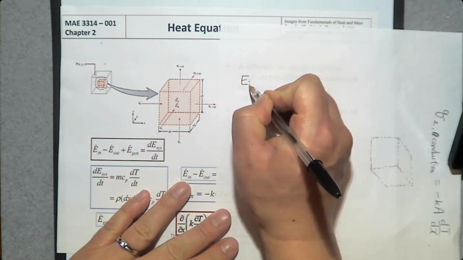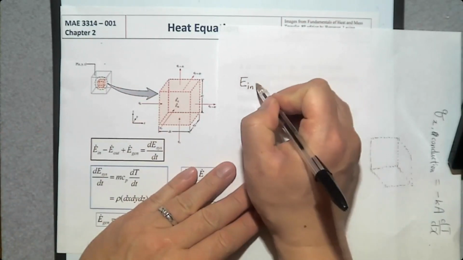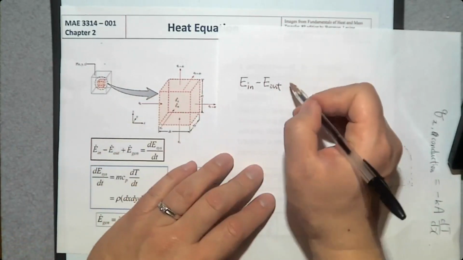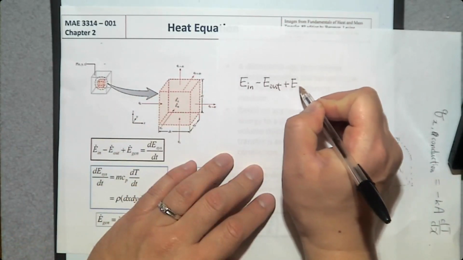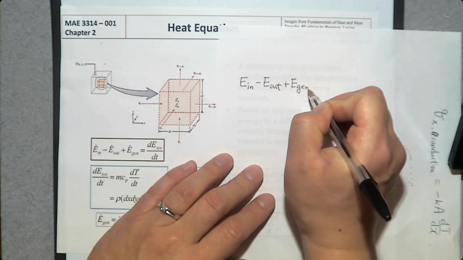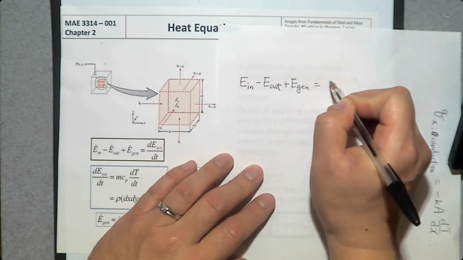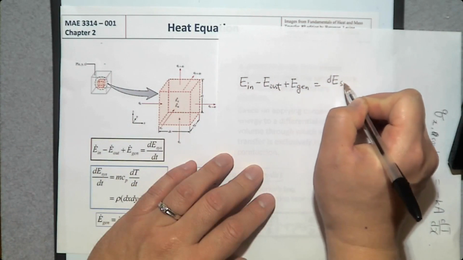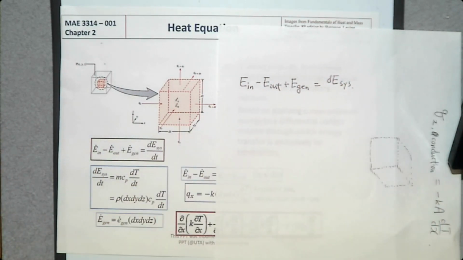So the energy balance equation for this control volume is going to be energy transfer into this control volume, minus energy transfer out of this control volume, plus energy that can be created by the cube, should be the same as the change of energy of this system. But these are energy transfers.